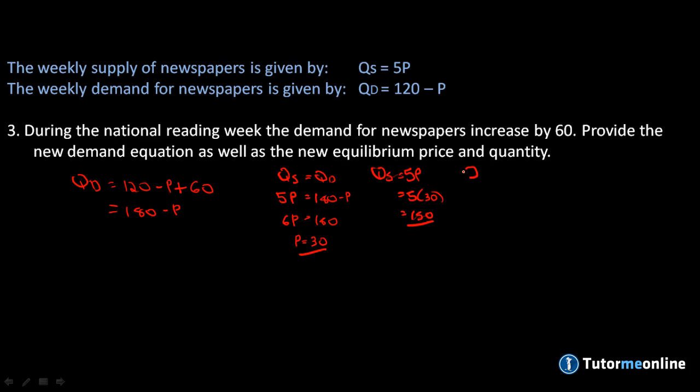To do the same with our demand function, we need to use our new demand function, which is 180 minus P, which is 180 minus our new equilibrium price of 50, which gives us 150. The same answer we find from our supply function. Therefore, our new equilibrium quantity is 150 and the new equilibrium price is 50.